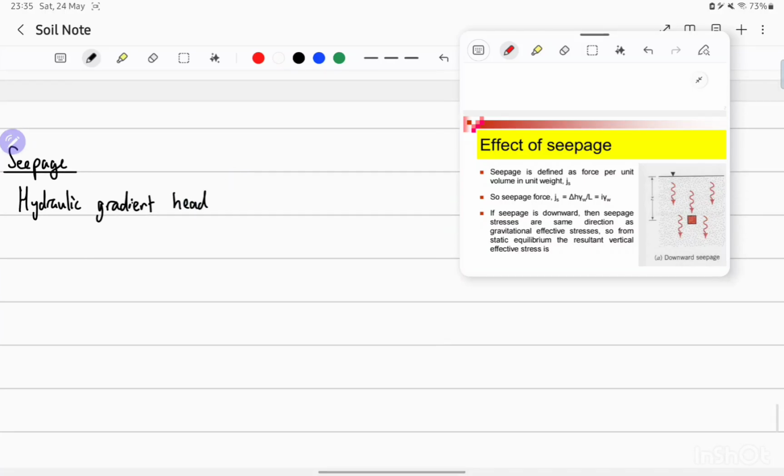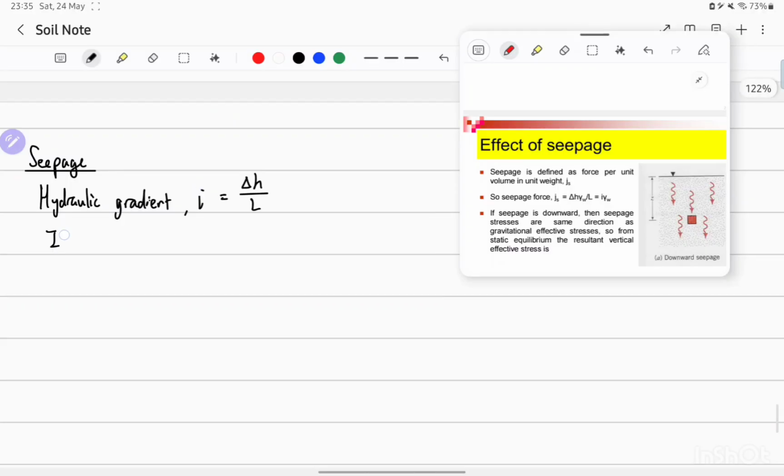The hydraulic gradient is i, and it's the difference in head over L if seepage is downwards.